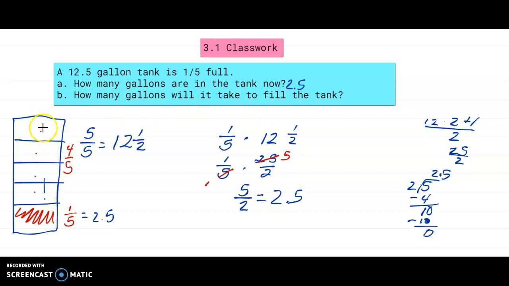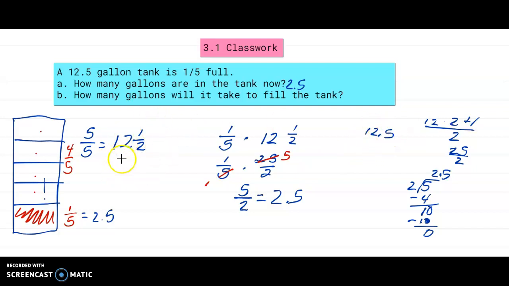So I need to know how many gallons this 4/5 is equal to. So if a full tank is 12.5 gallons, and it's already filled with 2.5, that means I should be able to subtract. Let me do the work over here. 12.5.